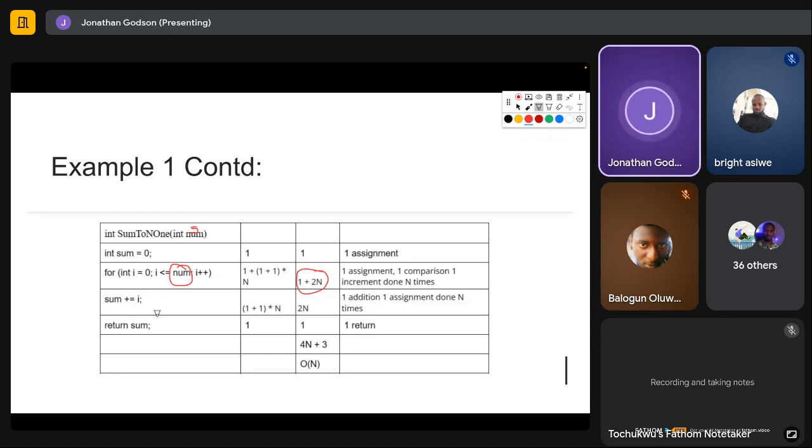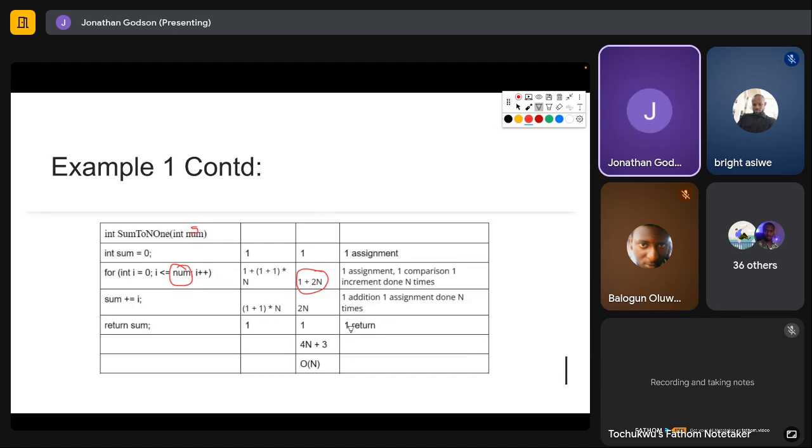This particular line has one addition and one assignment, done n times, because this iteration is going to run n times. If you open this bracket, n multiplied by 1 plus n multiplied by 1 gives us n plus n, which is 2n. A return statement, like the previous slide said, is denoted as one operation.